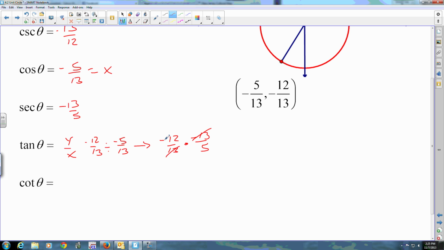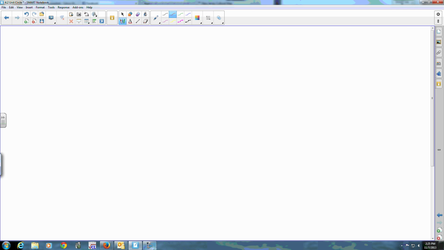The 13's cancel, and both negatives turn to positive, so it becomes 12/5. Okay, reciprocal, 5/12. And that looks like it's the end of that section.